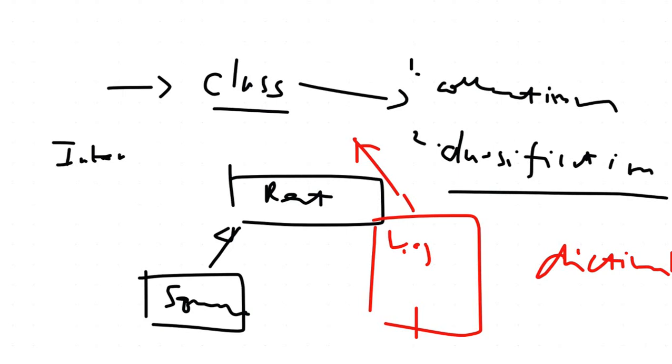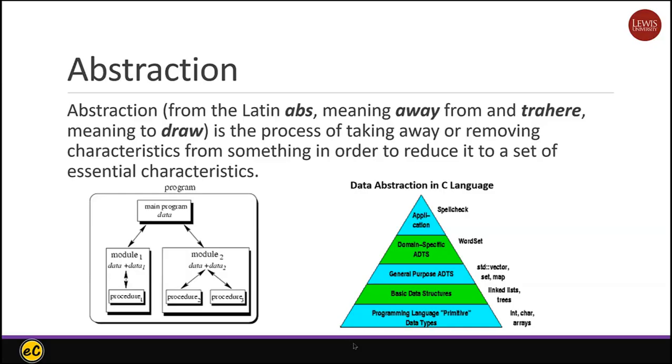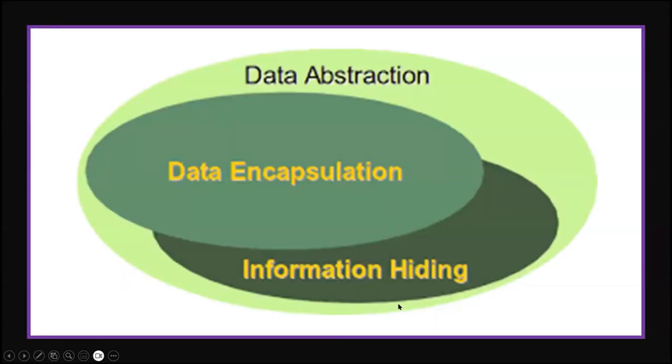So class is a concept to help the organization of data. That's first, and it also helps readability because of the data abstraction, and it also makes the code reusable. Those are the basic ideas of why we need class. Class is associated with data abstraction, data encapsulation, and information hiding.